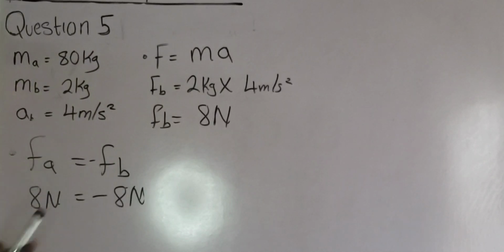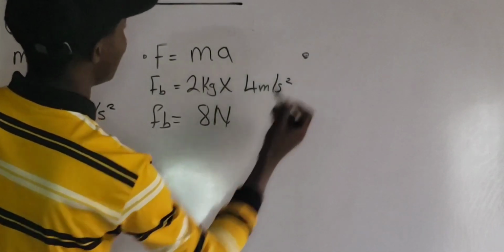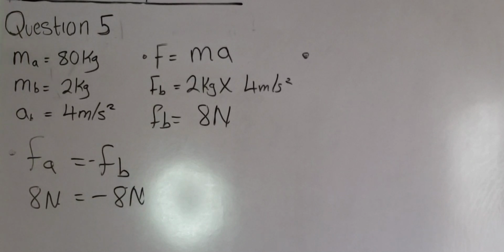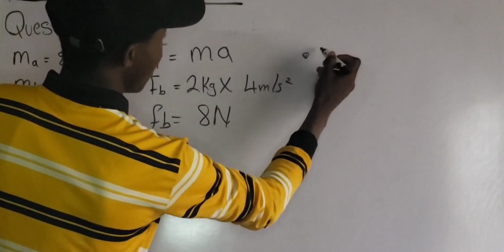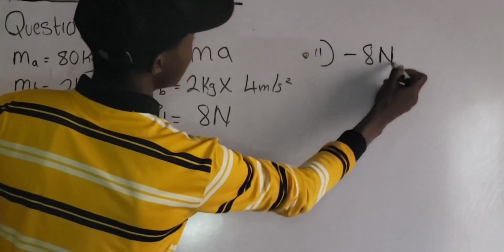Trust you understand that explanation. If you didn't understand, kindly go back to the Newton's third law of motion that we explained earlier. You are going to understand, okay? So the force that the box exerts on the astronaut is minus 8 Newton. Okay? So let us proceed. For question number 2, that is minus 8 Newton.